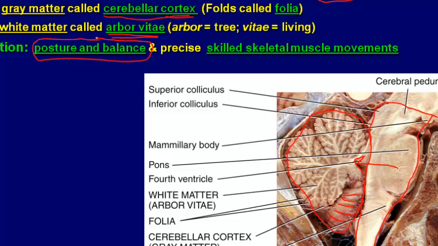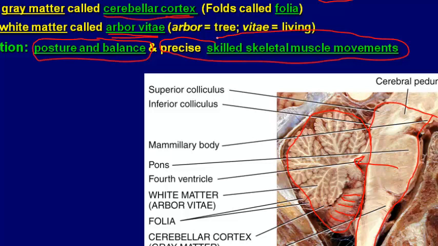The second primary function of the cerebellum is to help with precise, skilled skeletal muscle movements. So what do we mean by precise, skilled skeletal muscle movements? Well, these are the very, very minor adjustments that our muscles can make to the body.